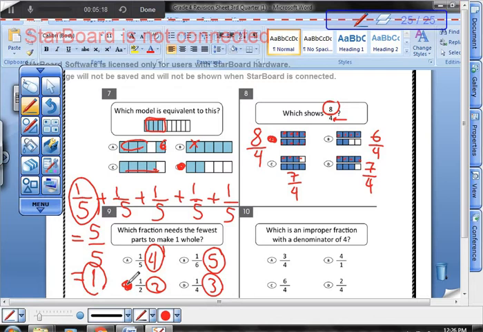Number 10. Which is an improper fraction with denominator of 4? Improper first means I have a fraction with my numerator greater than the denominator.